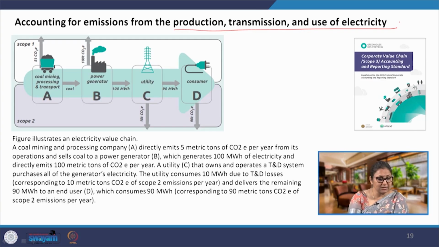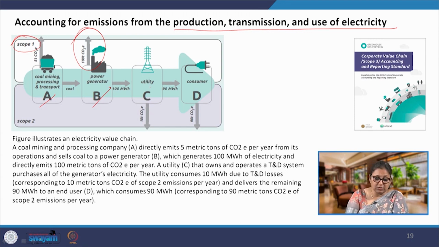So, if you look at this, the coal mining, processing and transport, all the emissions related to that are actually scope 1 emissions. For whom will they be scope 1? We will see. When the coal is brought to the power generator, there are direct emissions, they will also be scope 1 for somebody.